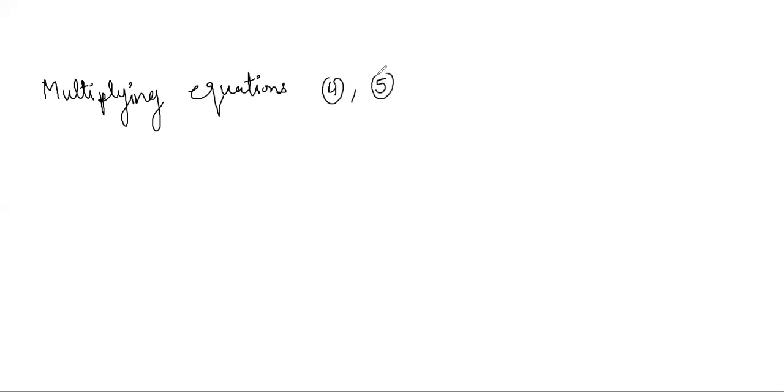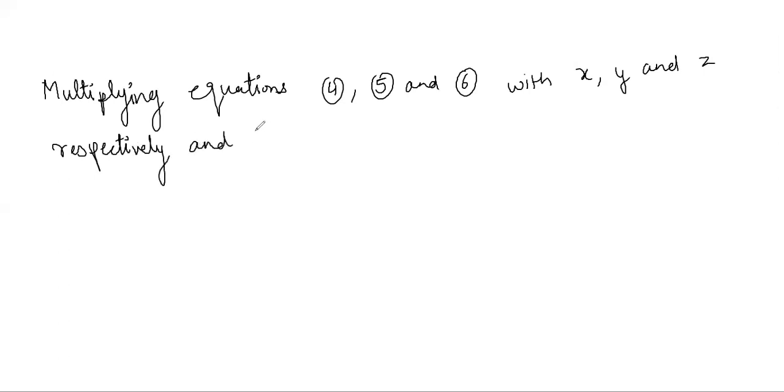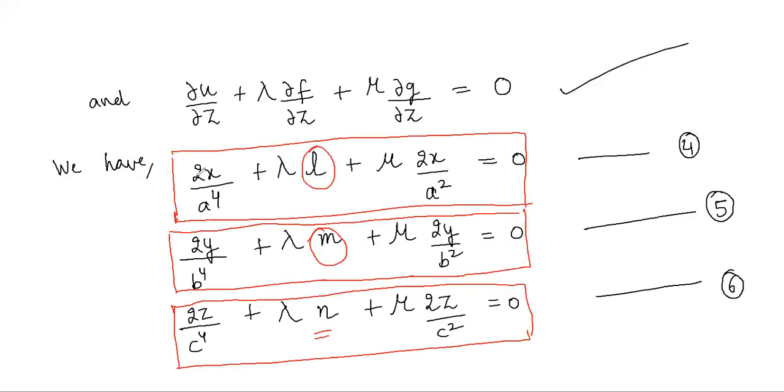Multiplying equations 4, 5 and 6 with x, y and z respectively, and then adding, we have 2 x square upon a raised to power 4. Let us write down this equation directly.